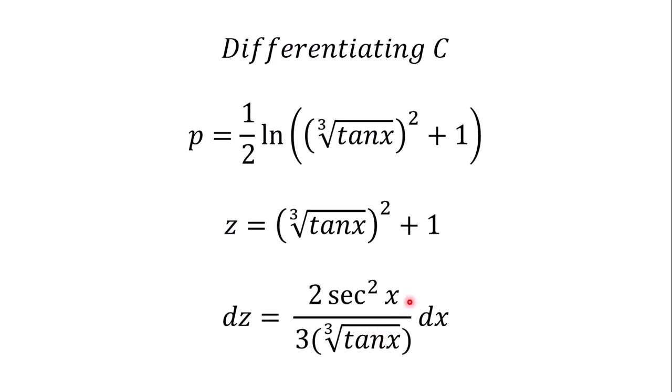So I'm going to multiply it up and down by cube root of tangent x raised to the power 2. So rationalize the denominator. That is, we are going to multiply it up and down by cube root of tangent x to the power 2.